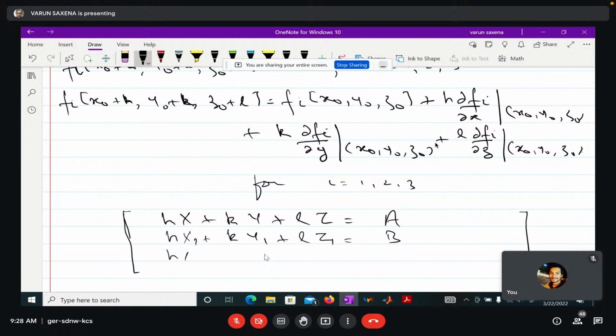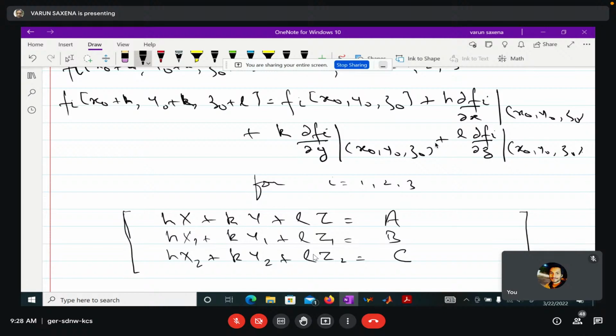And then you will get hX2 plus kY2 plus lZ2 is equal to c, right? And this a will be minus f1 at x0, y0, z0, b will be minus f2 at x0, y0, z0, and c will be minus f3 at x0, y0, z0. So it is a system of three equations which you need to solve.